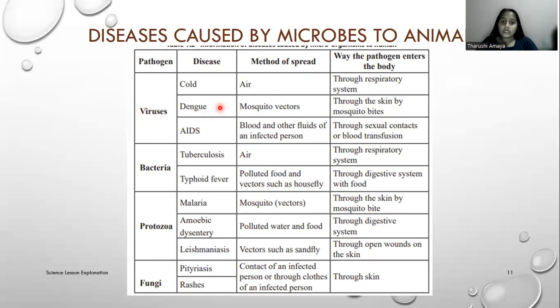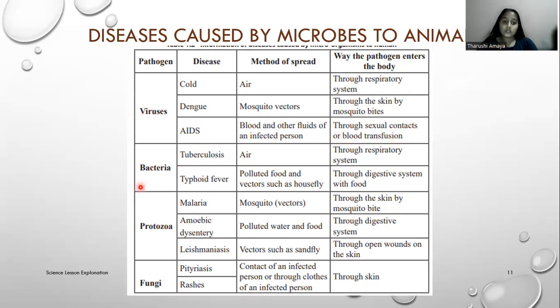Dengue is spread by mosquito vectors and enters the body through the skin by mosquito bites. AIDS is spread by blood and other fluids of an infected person, through sexual contact or blood transfusion.